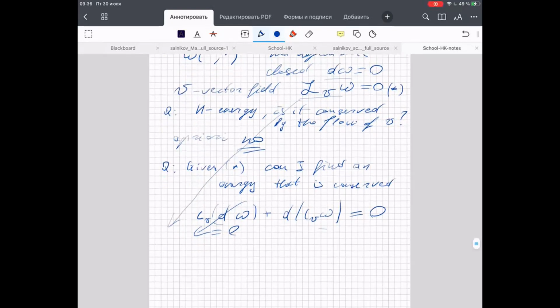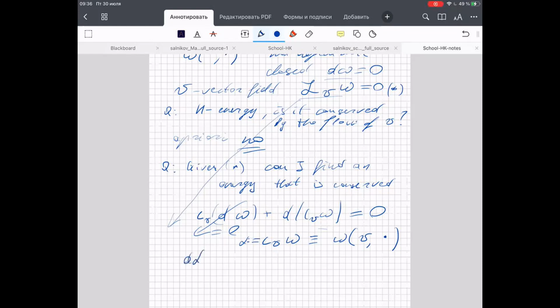So remember, omega is a two form, right? This contraction iota V omega, which is just the same as omega computed on V with another slot left. This is a one form. And I have a one form which is closed. So let's call it maybe alpha.